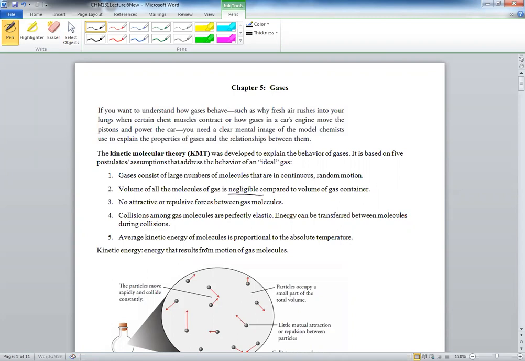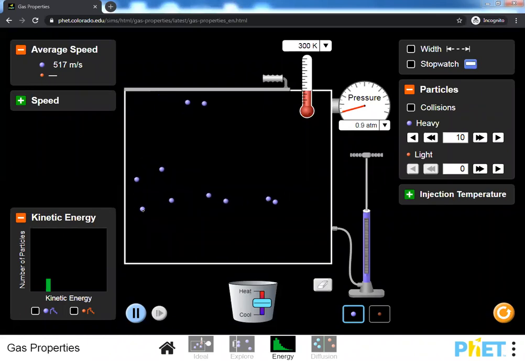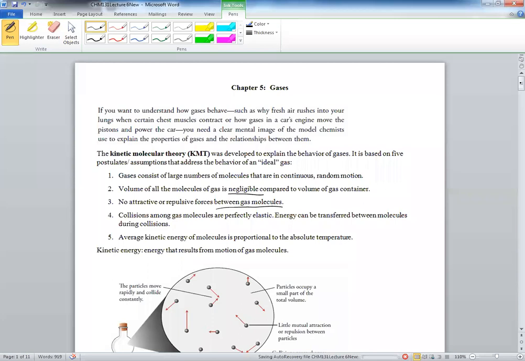We're going to challenge that, and that there are no attractive or repulsive forces. We will also challenge these two. So 2 and 3 are that the volume of all molecules is negligible, and there are no attractive or repulsive forces. They don't attract or repel each other. We will find out that those are actually not true when we change some conditions. So let's show you.